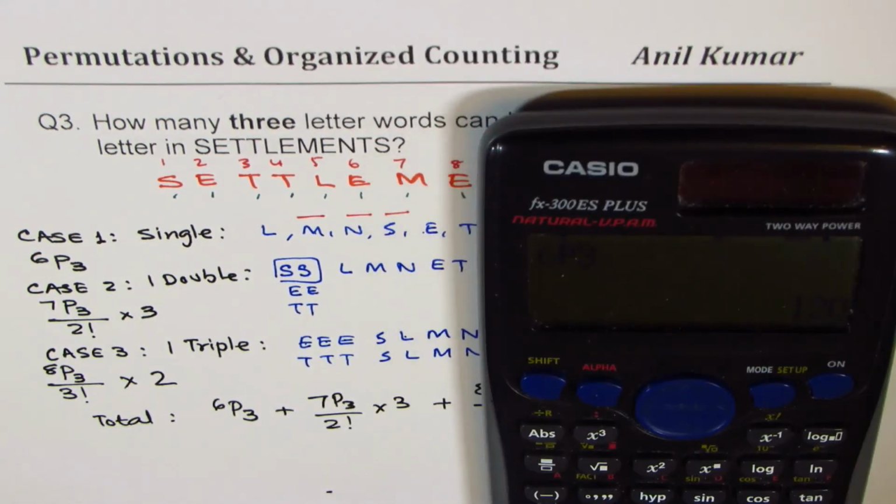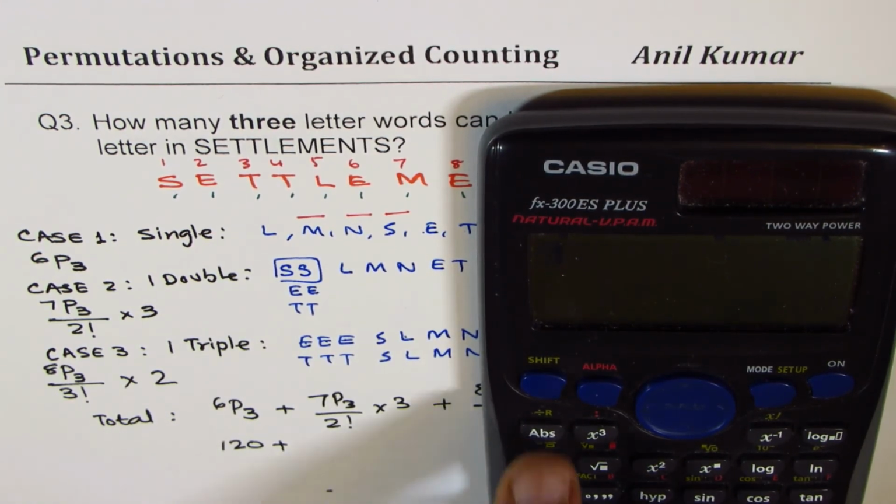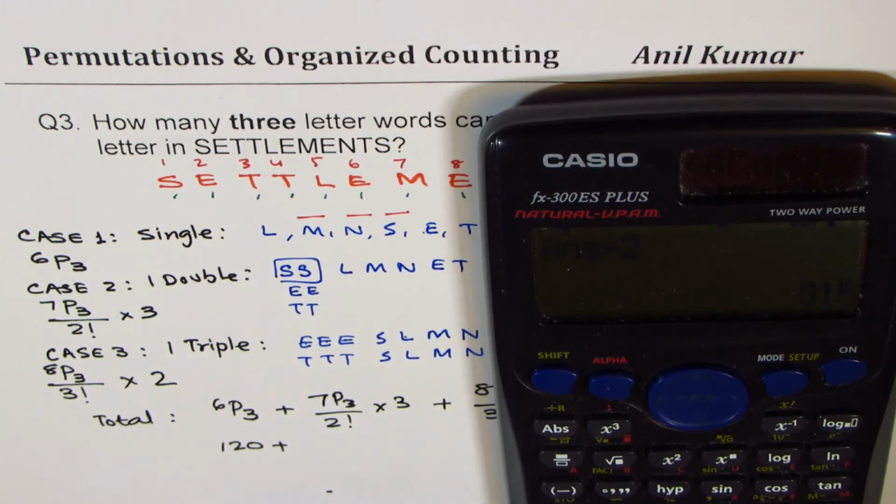6P3 is equal to 120, plus 7P3, which we multiply by 3 and divide by 2. Okay, so 315.